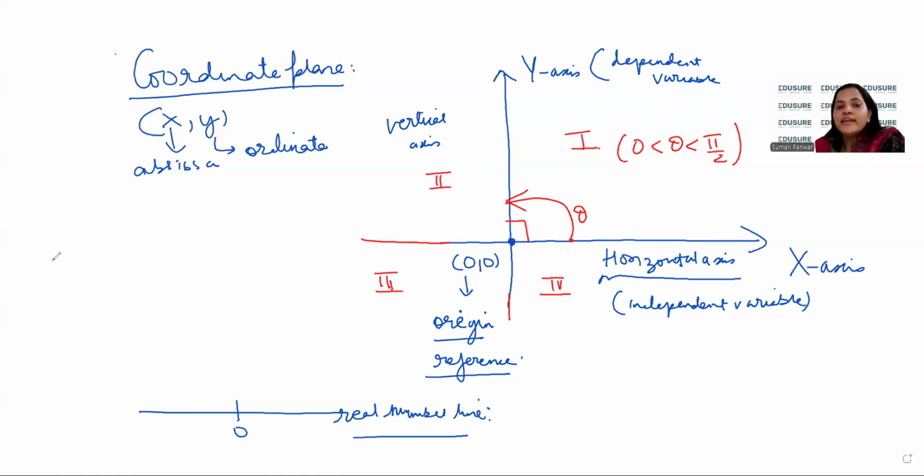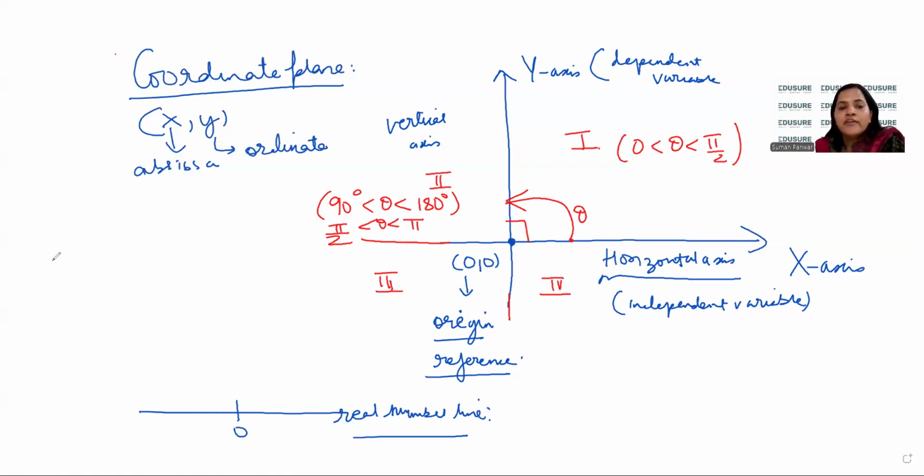When we talk about the second quadrant, the angle has to be between 90 degrees and 180 degrees. 90 degrees is pi by 2, 180 degrees is pi. Again, we will not include the angle 90 degrees and pi. Pi represents the negative x-axis, 90 degrees represents the positive y-axis.